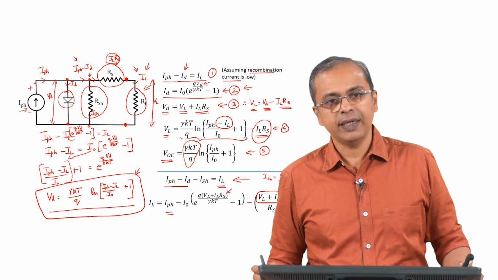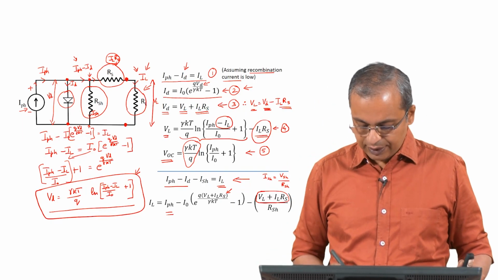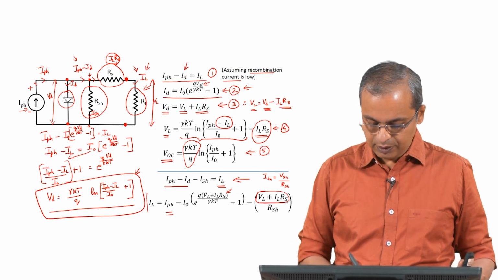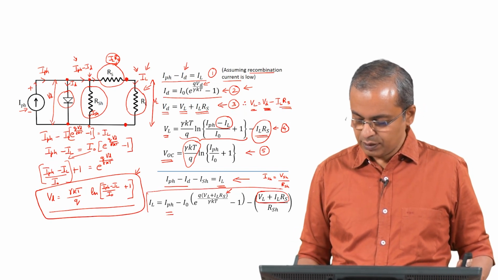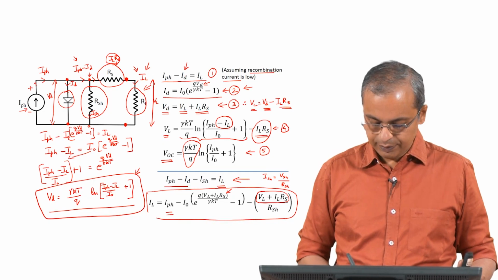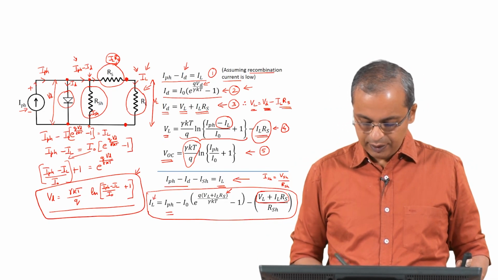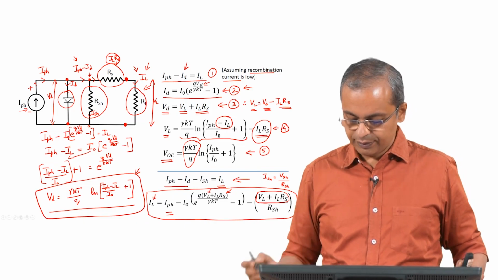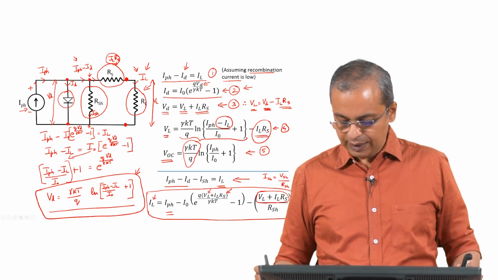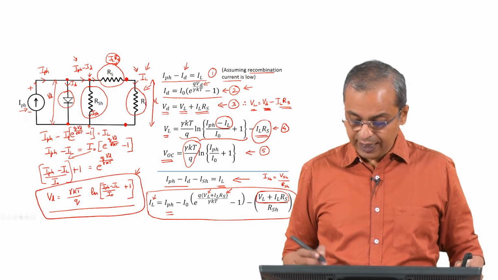Now what we see here is that you have an equation at the bottom which relates I_L and V_L. The only issue is that you see I_L in multiple places.